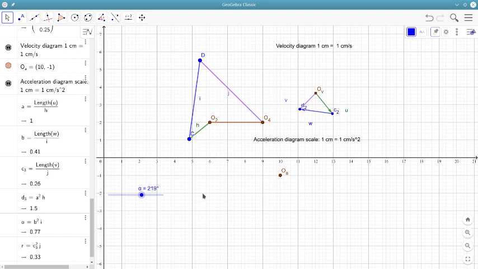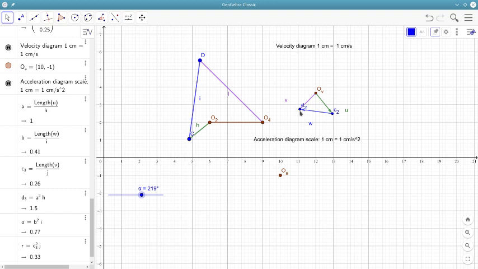So what I've done is a little bit of pre-calculation over here. In order to construct the acceleration diagram, having done the velocity diagram out here, you can see that u represents the velocity of point C, which is rotating counterclockwise, so it is pointing in this direction.